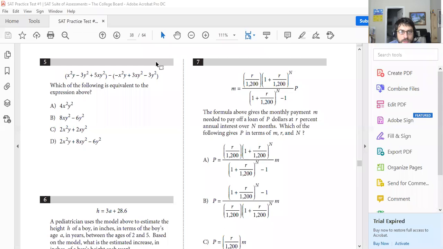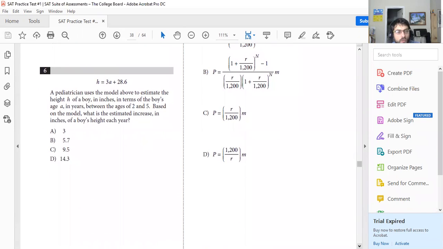Number 6. The pediatrician uses the model above to estimate the height h of a boy in inches in terms of the boy's age a, in years. Between the ages of 2 and 5, based on the model, what is the estimated increase in inches of a boy's height each year? So we have h equals 3a plus 28.6.